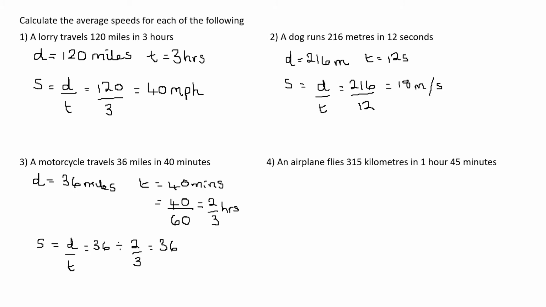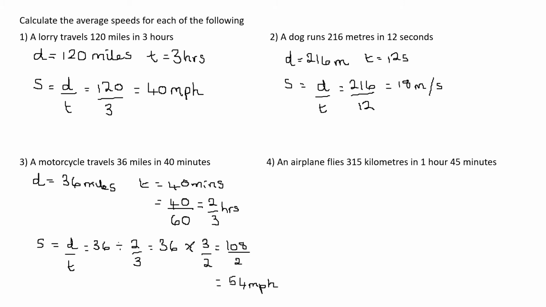I change the division sign to a multiplication, and I flip the fraction that I'm dividing by to give me 3/2. So 36 times 3 is 108. And I'll have 2 on the bottom, and that will give me 54 miles per hour.